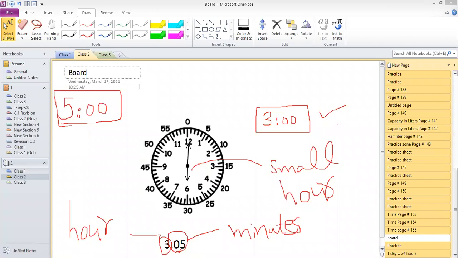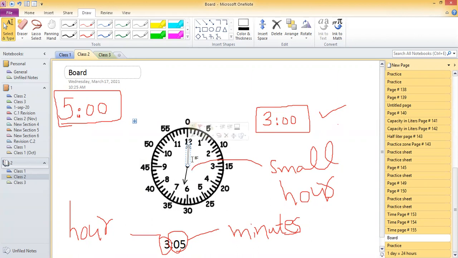We also learned that if the hour hand is between 6 and 7, forget about the other hand right now, okay? Then also we discussed that still it is 6 o'clock. We are not talking about the minute hand, okay? Still it is 6 o'clock.